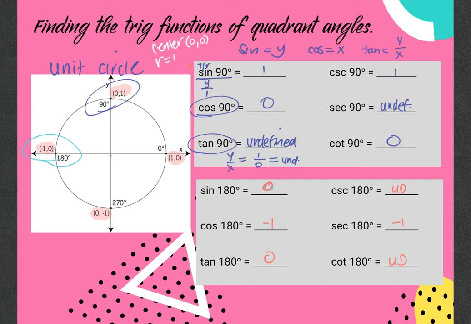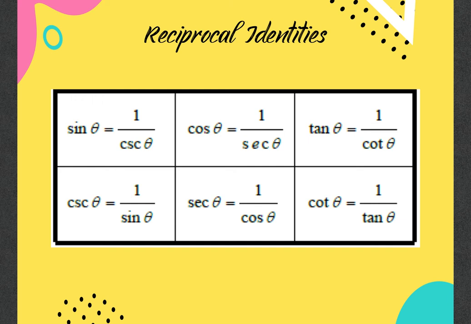All right, so the reciprocal identities are basically the ones we already talked about. This is how they rewrite them, but they are what we already know. Sine is the same thing as 1 over cosecant because cosecant is the same thing as 1 over sine. So if we have the sine, we flip it, we get the cosecant. And if we start with the cosecant, we flip it, we get the sine.